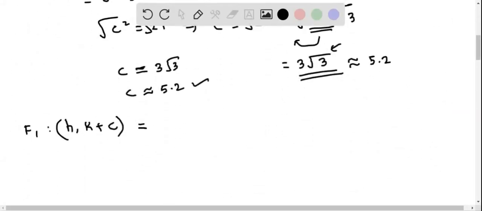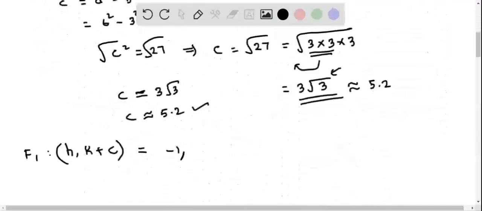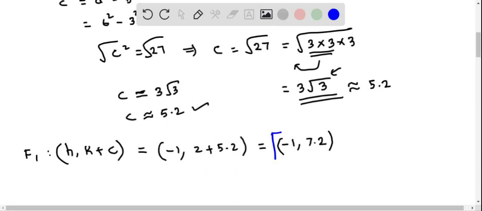So therefore this becomes -1 comma K is 2, and this will become 2 plus 5.2 because C is 5.2. So this simplifies to -1 comma 2 plus 5.2 is 7.2. So this is one of the coordinates of the foci.